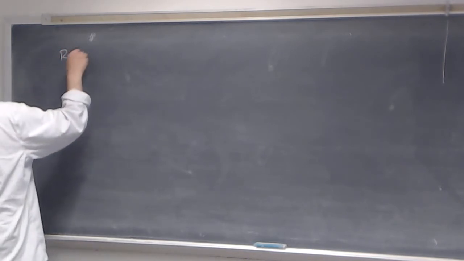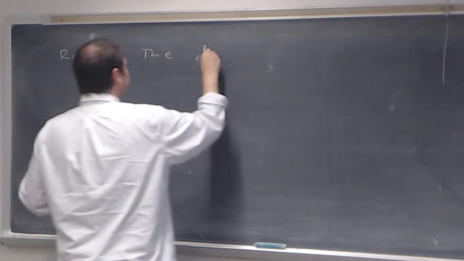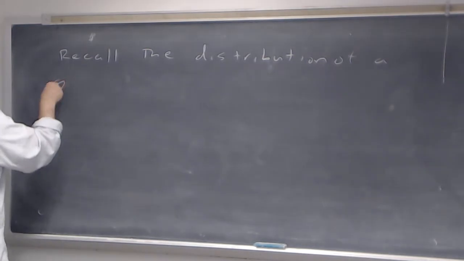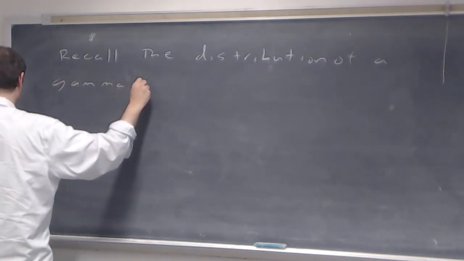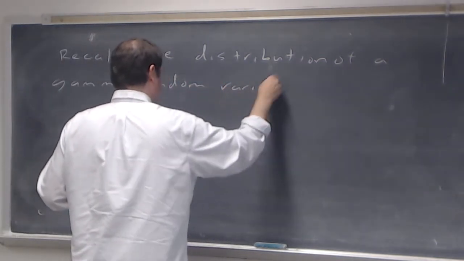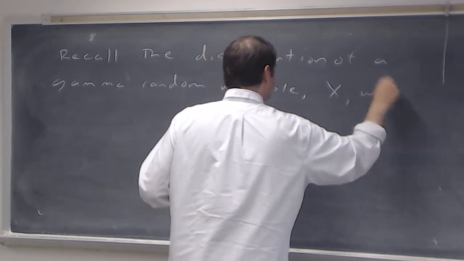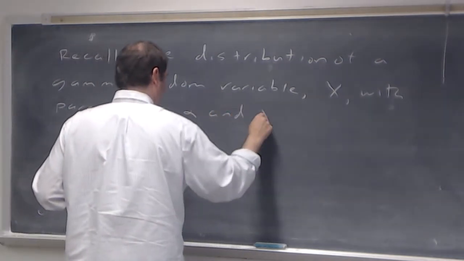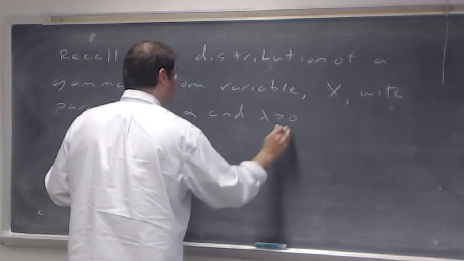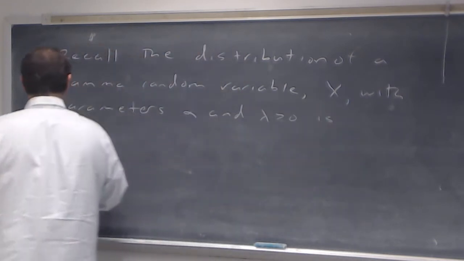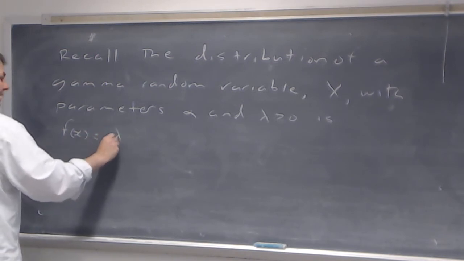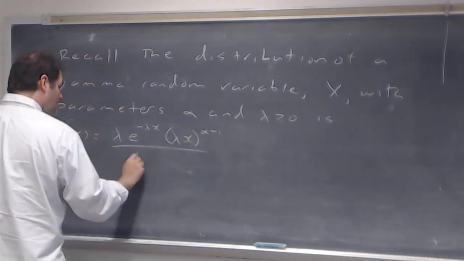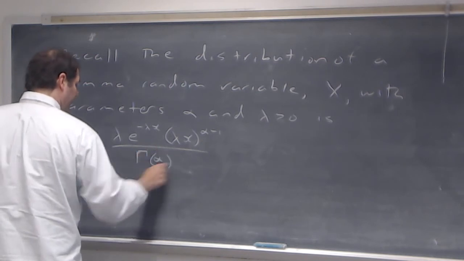So recall, the distribution of a gamma random variable, call it x, with parameters alpha and lambda, lambda strictly greater than 0, is f of x equal to lambda times e to the minus lambda x, lambda x to the alpha minus 1, all over gamma of alpha. That's what it was.